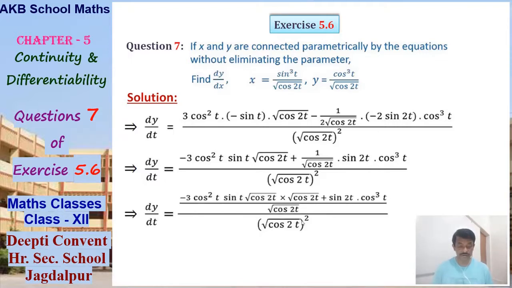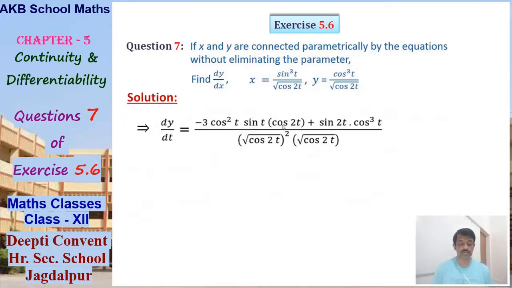Now taking LCM in the numerator, root cos 2t is in the denominator, and now multiply root cos 2t here, this plus sin 2t cos³t. Root multiplied by root cancels out. So here cos 2t, sin 2t, cos³t upon this, and the LCM part goes to the denominator, root of cos 2t, root of cos 2t to the power 3, here 2 times, here 1 time.